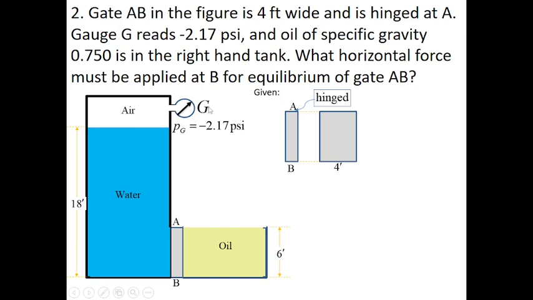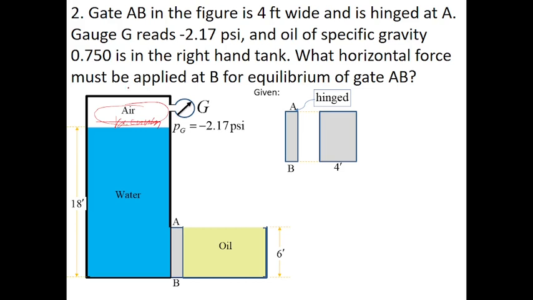Mapapansin nyo, it's negative 2.17 psi, below zero gauge pressure. Pag below zero gauge pressure, below atmospheric pressure, so in this case, vacuum. Vacuum yung nandito, kasi sabi natin na itong part na to ay vacuum.